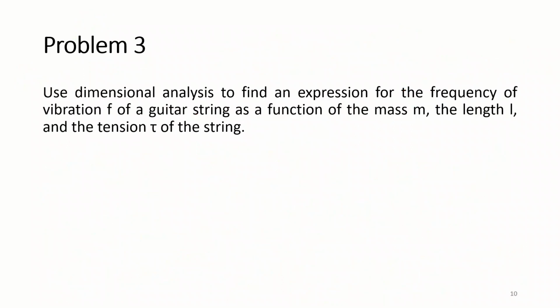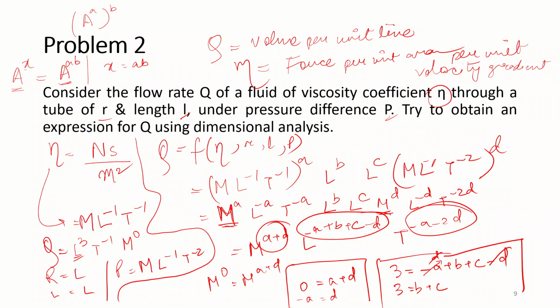Okay, we got it. So basically this one, then you can try. Sir, how is M raised to power 0 arrived? M raised to 0 arrived because Q is volume per unit time.